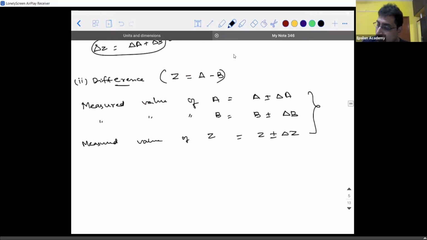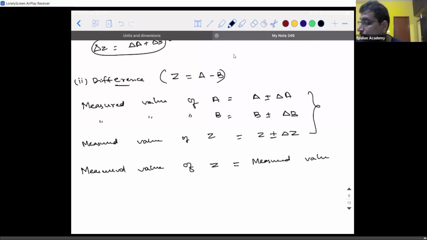So can I say the measured value of z will be equal to the measured value of a minus the measured value of b?